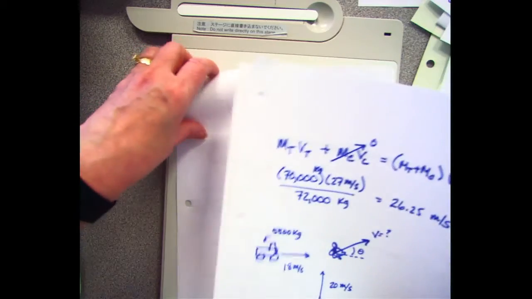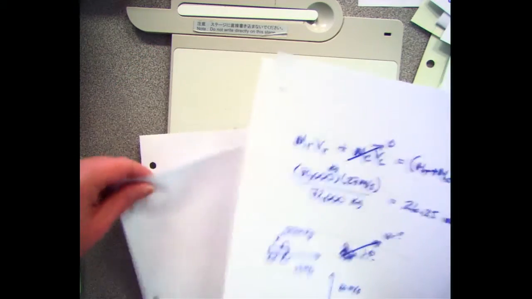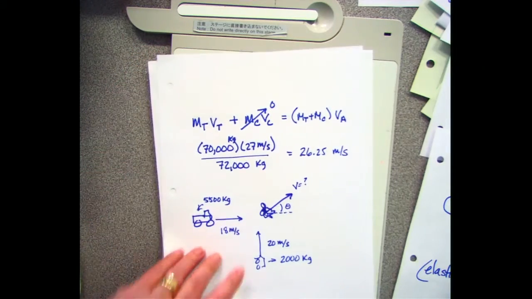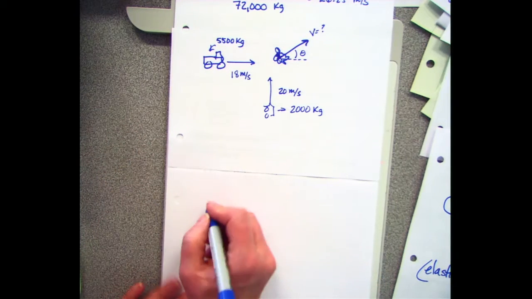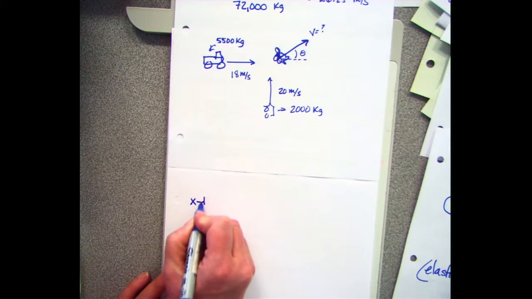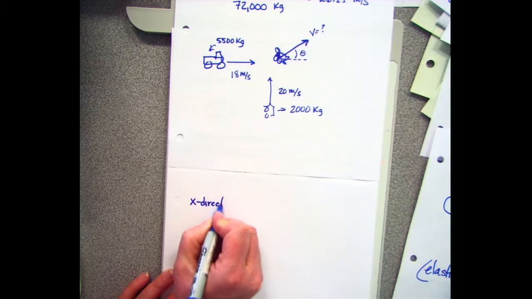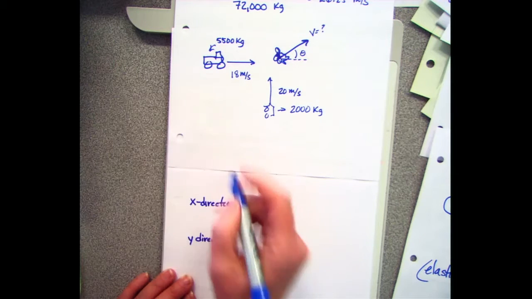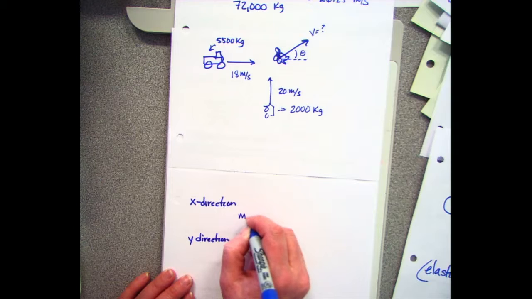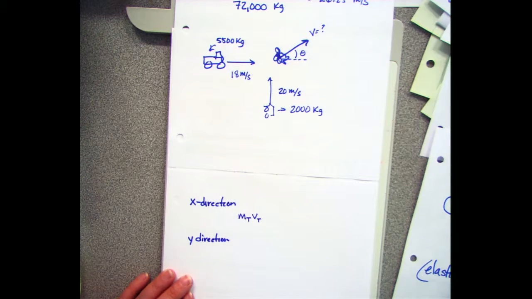The way to look at these is I can create a table. I've got an X direction and I have a Y direction. Mass comes in here, the mass of the truck, velocity of the truck is in the X direction.